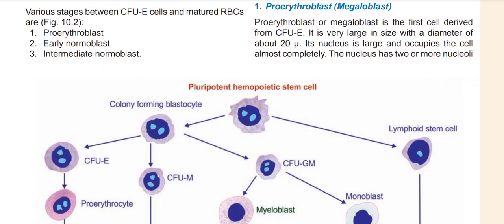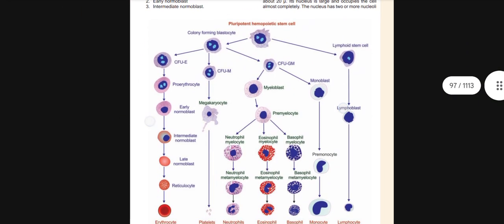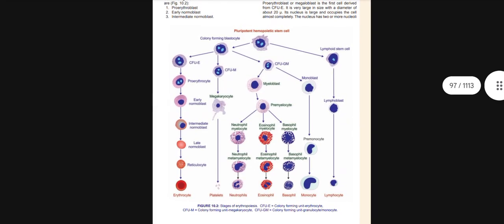Pluripotent hematopoietic stem cell to colony forming blastocyte, to colony forming unit erythrocyte, to proerythrocyte, to early normoblast, then intermediate normoblast, then late normoblast, then reticulocyte and erythrocyte, and the other one is for another group of blood cells.